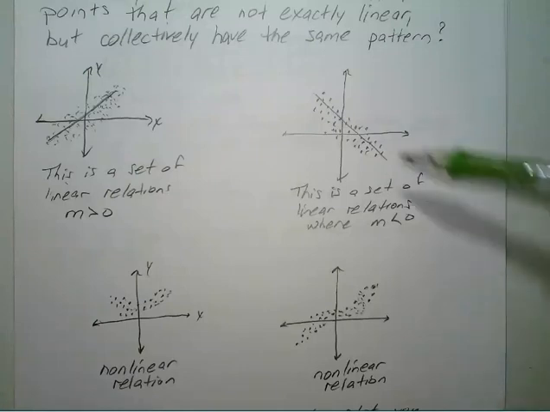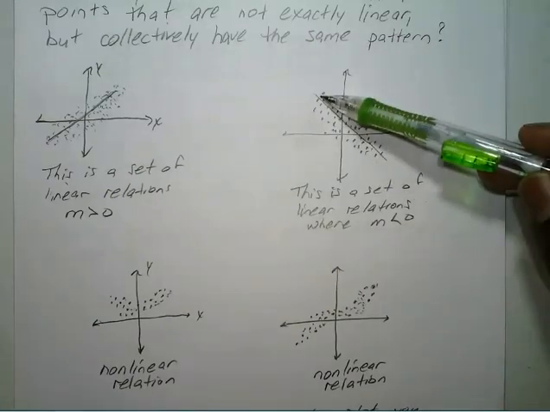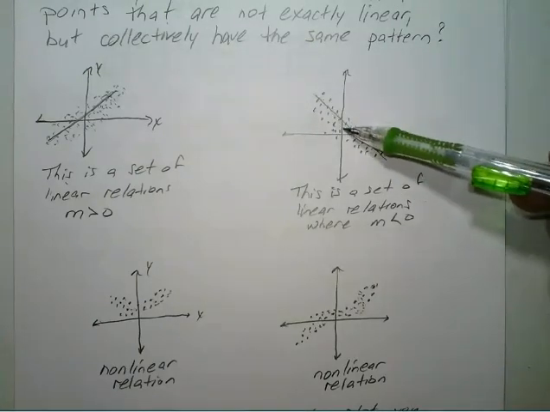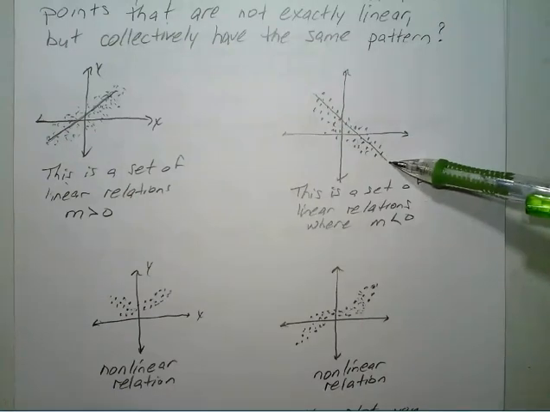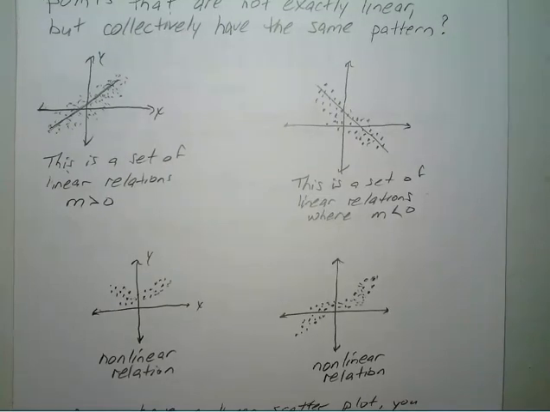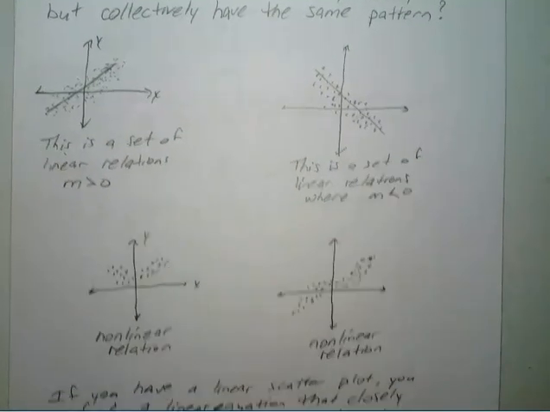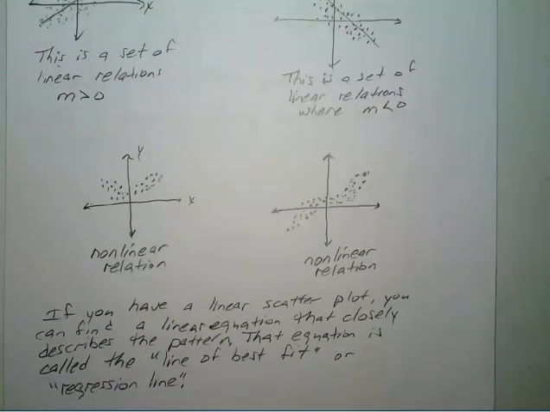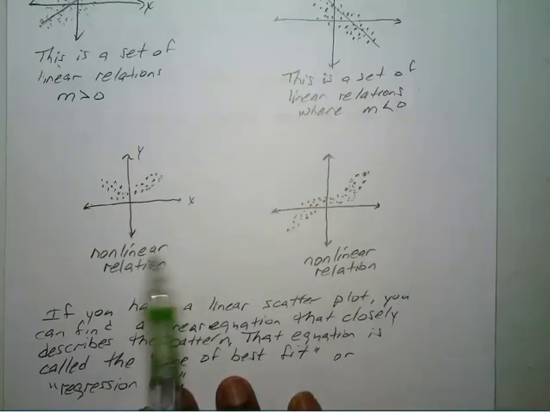So when you have all these data points, and you can give an estimate of the direction the points are going, that's what you do with linear regression. If you have a linear scatter plot, you can find the linear equation that closely describes the pattern.